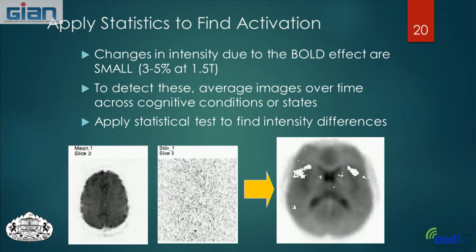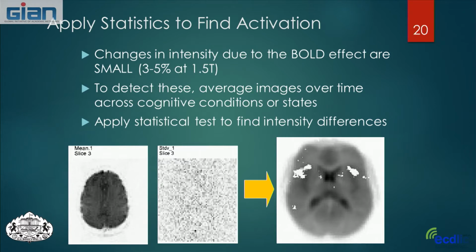Okay, so as we're collecting between these two states, we're getting all these slices over time, and what we can do then is take an average of all the slices taken over our finger tapping versus an average of all the slices taken over our resting state. You can see here we can calculate both a mean and a standard deviation from those slices.